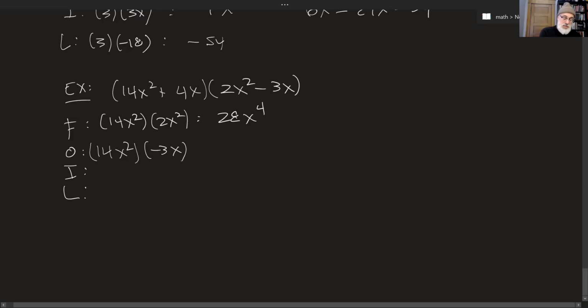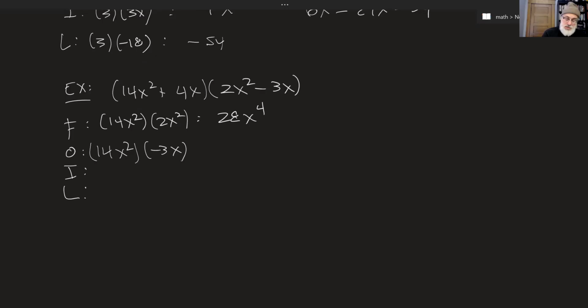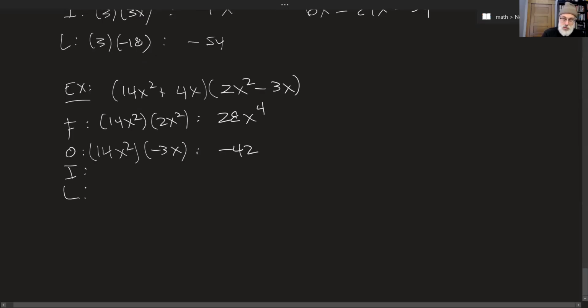So that is negative 42, and x, 2 plus 1 is 3. The inside is 4x times 2x squared. So that's 8x cubed. And then the last terms are 4x times negative 3, which is negative 12x squared.